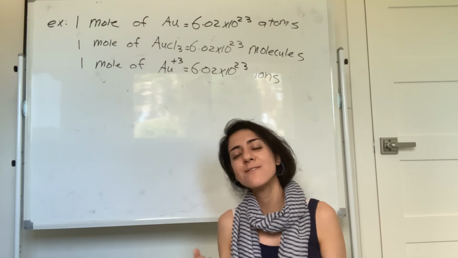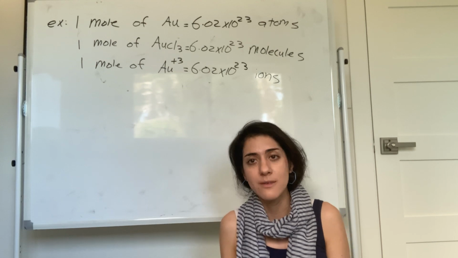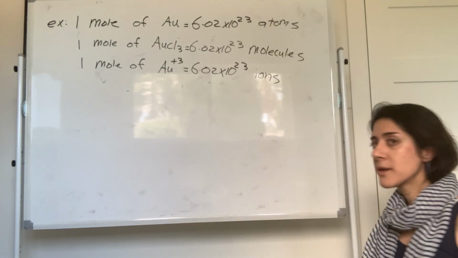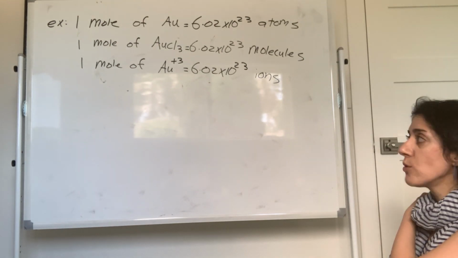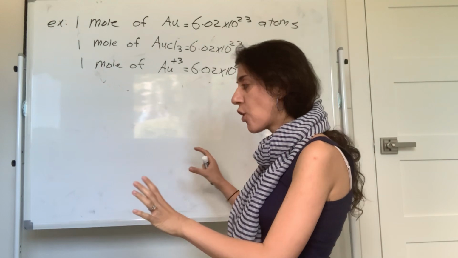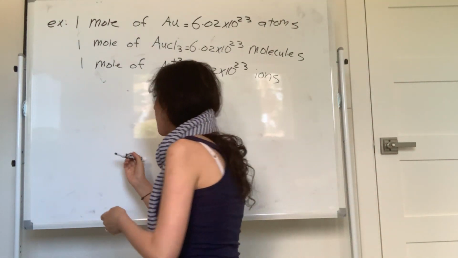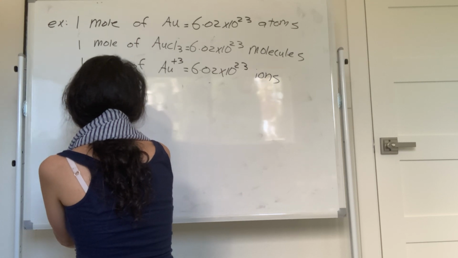Don't try to prove me wrong. You can physically measure grams, right? So what we're going to learn is to convert between moles and grams and molecules and atoms. I'm going to put up a little chart. I want you to write this chart. I want you to highlight it and then circle it in red.